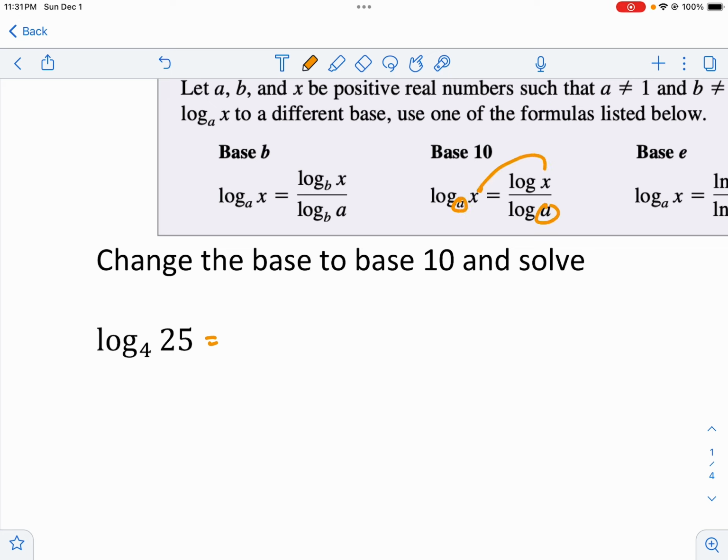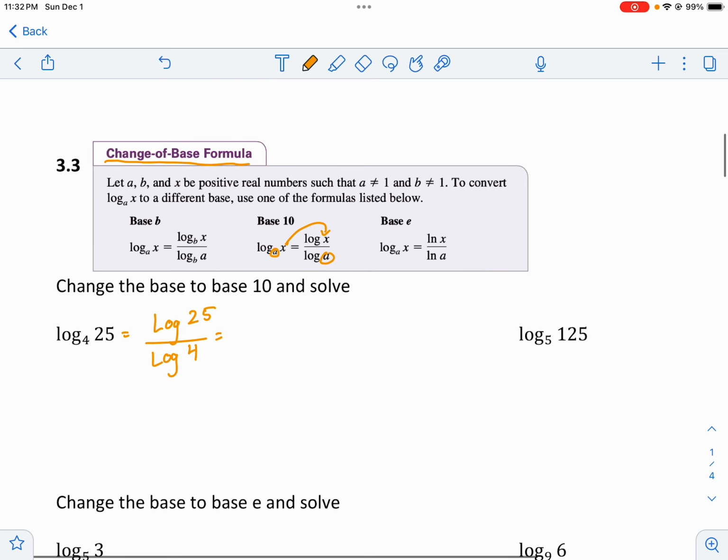So this is the same thing as log base 10, I don't need to write it, of 25 divided by log base 10 of 4. And again, you don't even need to say the 10. You just say log of 4. And then it's not wrong. You can put these in parentheses if you want. You don't have to put them in parentheses. I'll show you when you should use parentheses in a bit. All right, put this in a calculator. It will just give you a random decimal number. That's why it's not that important anymore, because now your calculator is so good at doing it.